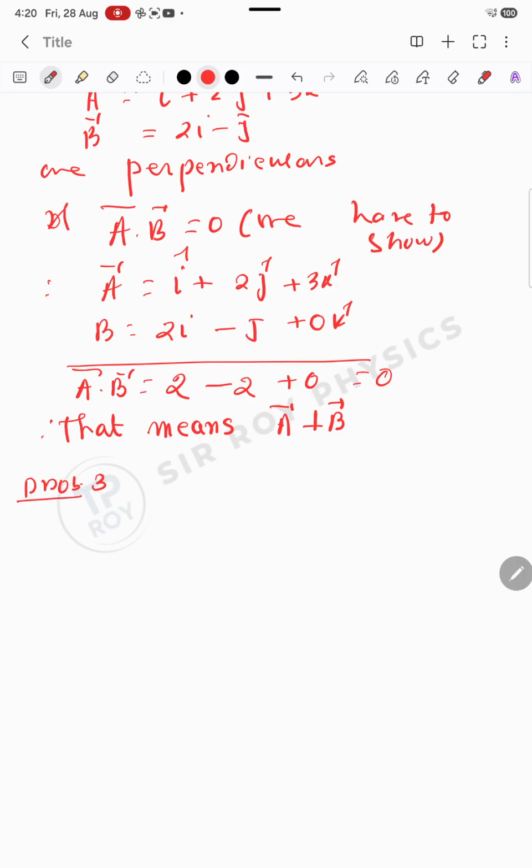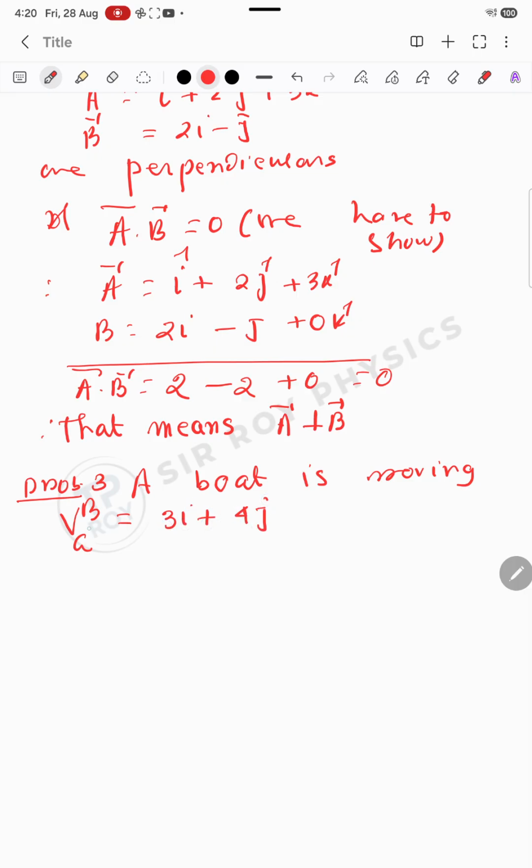Problem number 3. A boat is moving with velocity 3i plus 4j.